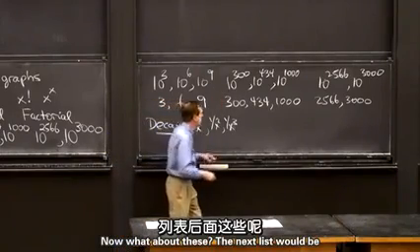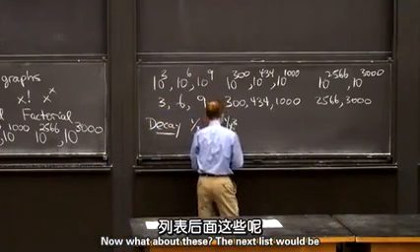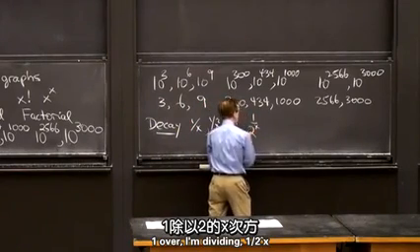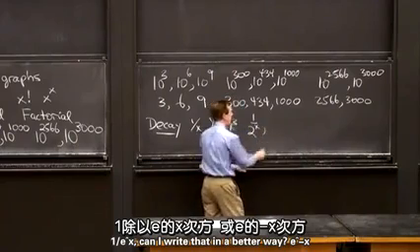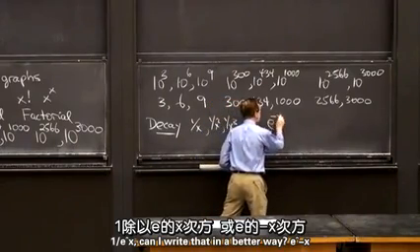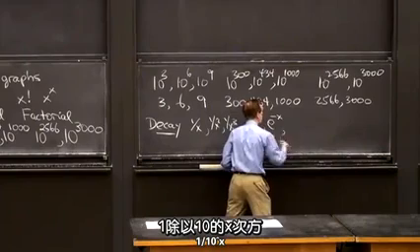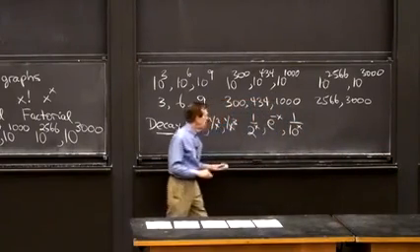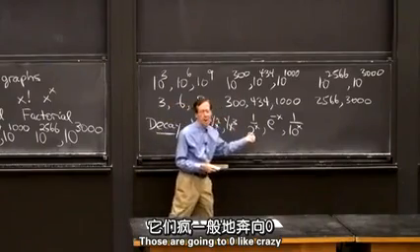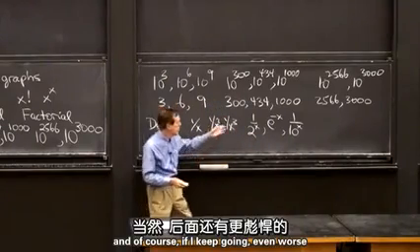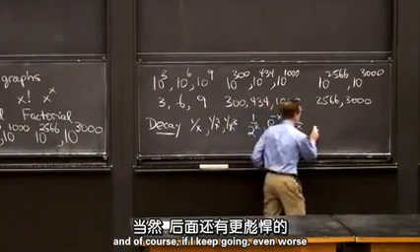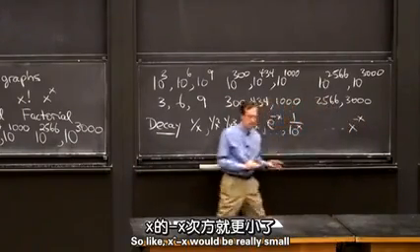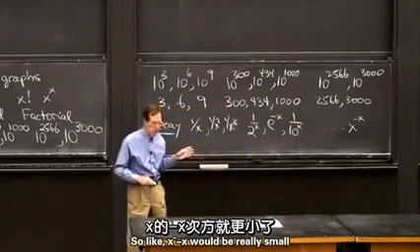Now, what about these? The next list would be, dividing them, 1 over 2 to the x. 1 over e to the x. Can I write that in a better way? E to the minus x. 1 over 10 to the x. Those are going to 0 like crazy. And of course, if I keep going, even worse. So like x to the minus x power would be really small.